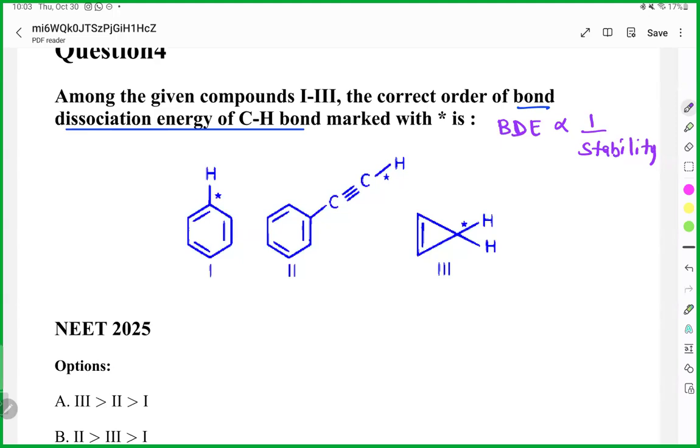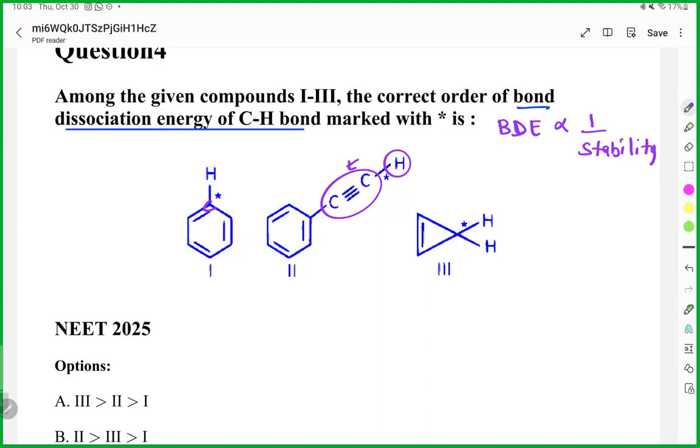So here in the first case, you have carbon, hydrogen, and because this triple bond carbon will attract electrons toward it, can we say in this case hydrogen can break easily and bond dissociation energy in this case will be high?